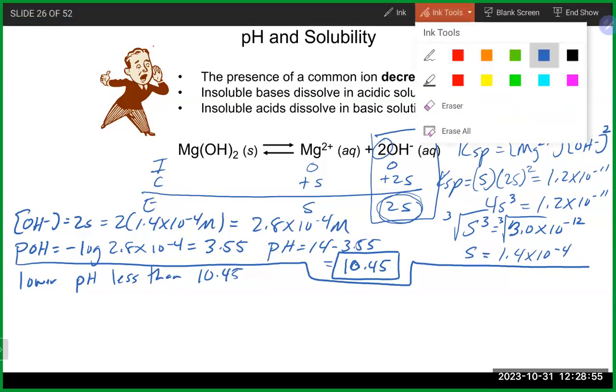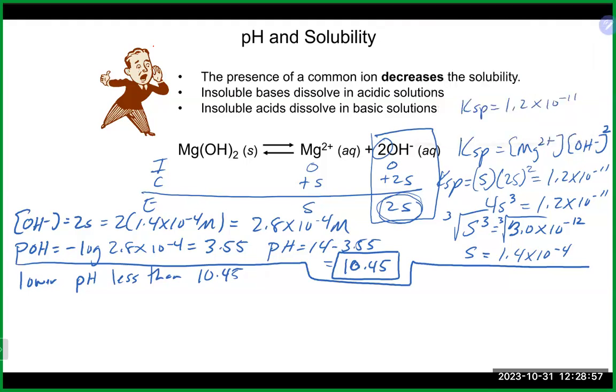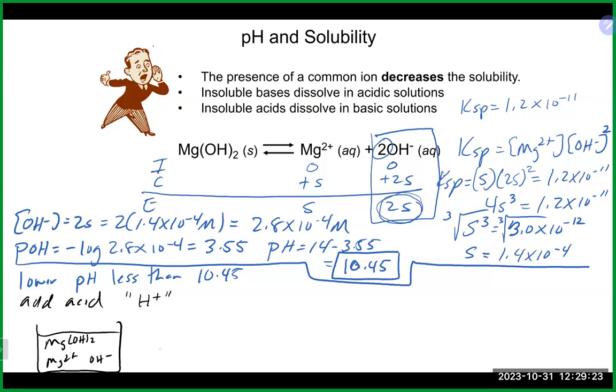What do I have to add to lower the pH? I probably have to add an acid, right? When we add an acid like HCl, a strong acid, we're adding more H plus to that solution. So we have floating around in there some magnesium hydroxide, some magnesium, and some OH minus.